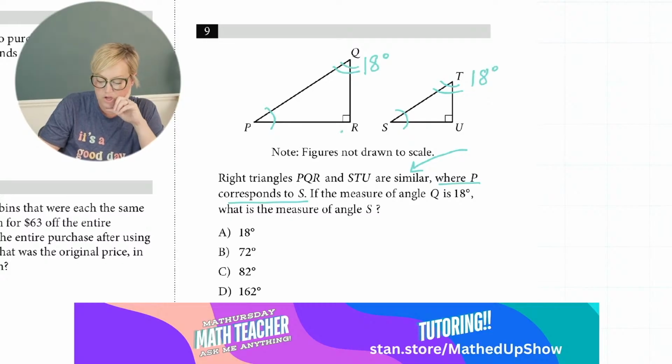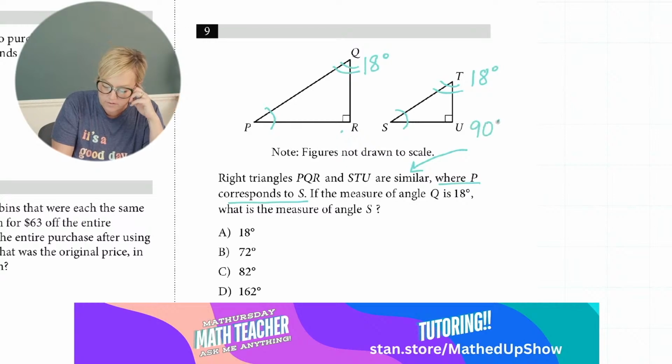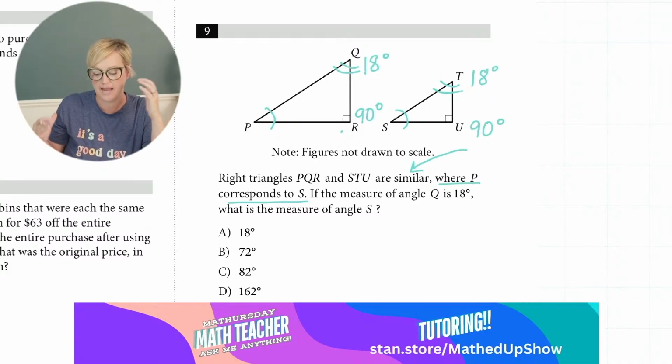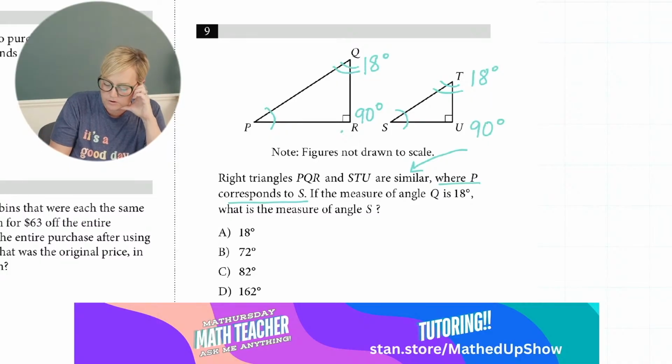Now R and U we know are both 90 degrees, and we also know that all angles in a triangle are going to add up to 180. So if we do 90 plus 18, that's going to give us 102.